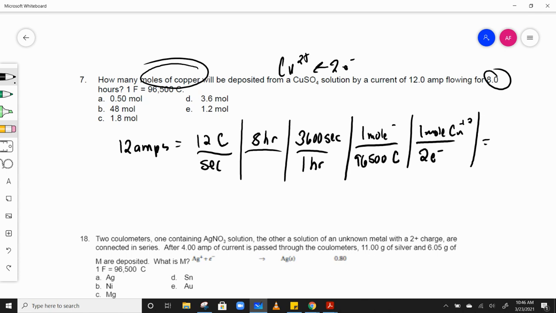We'll see all the units cancel out: seconds with seconds, hours with hours, coulombs with coulombs, moles of electrons with moles of electrons. And then we'll wind up with moles of copper, really copper 2+, but really just copper. So you get 4.03 moles here.